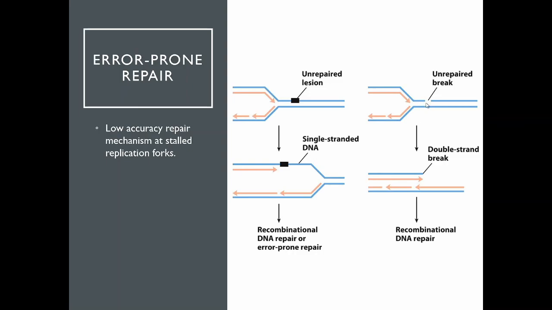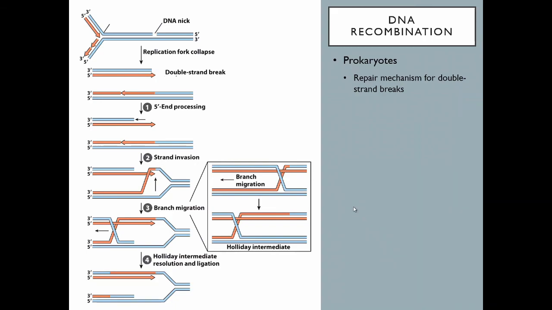Because the same thing can happen, or even worse, if you have an unrepaired break. So if one of the strands is broken and the replication fork gets here, then now the replication fork just has to quit here, because even if it could get past the lesion, there's no DNA for it to copy now. So these kinds of systems, like recombination and error-prone repair, are present just for that. So next time we will talk a little bit more about DNA recombination.